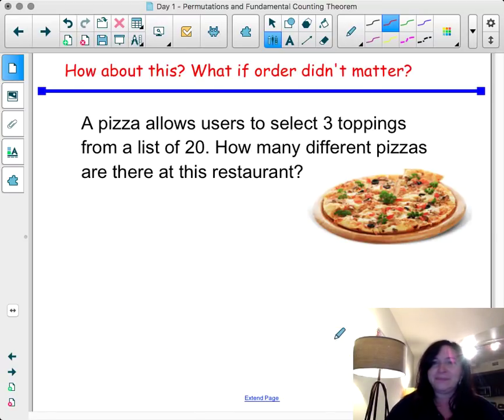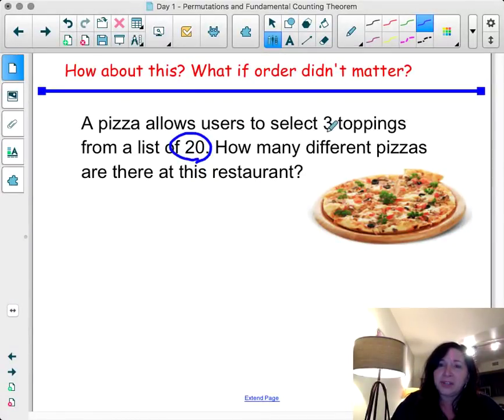All right. So what if order didn't matter? If order didn't matter, then how many different ways can I create a pizza if I have a list of 20 toppings or 20 items to choose from, but 3 toppings? So is this a permutation or is this a combination?